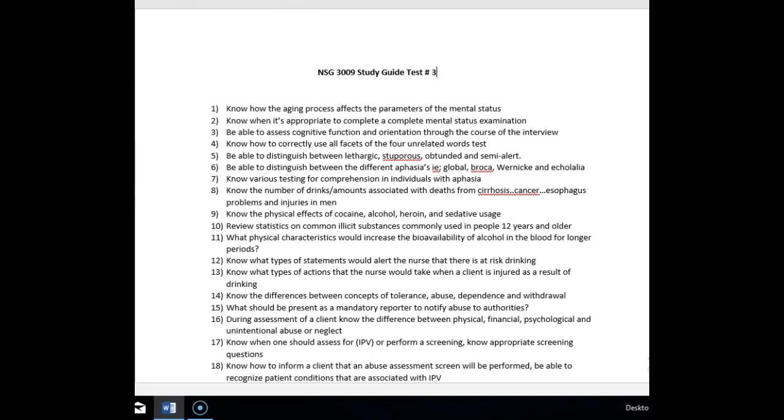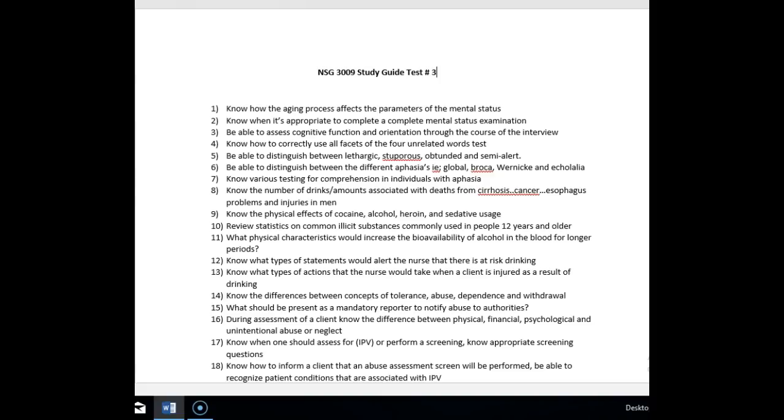And then heroin, did we talk about opiates and heroin and that type of thing? Pinpoint pupils, decreased blood pressure, pulse, respirations, and temperature.